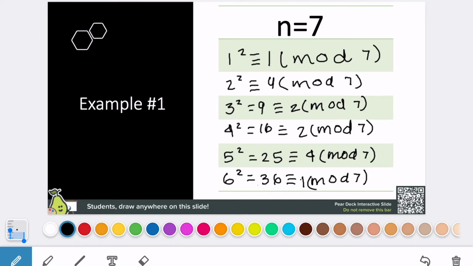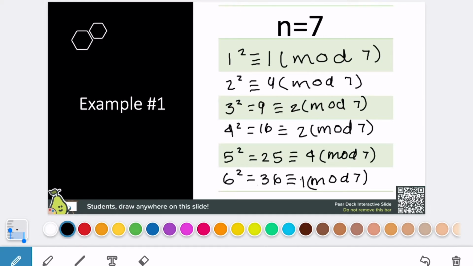Okay, perfect. So we have the example of n equal to 7, which is an odd number. And remember that odd numbers are numbers that cannot be divided exactly into pairs. So we are going to square all of the numbers as we saw here, and it would be mod 7.